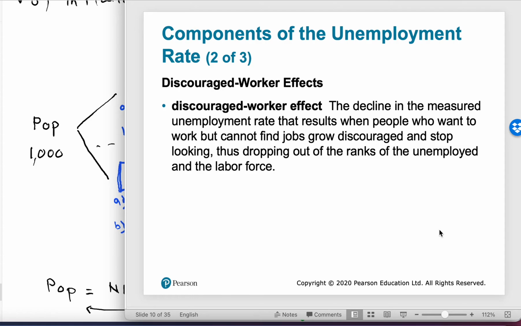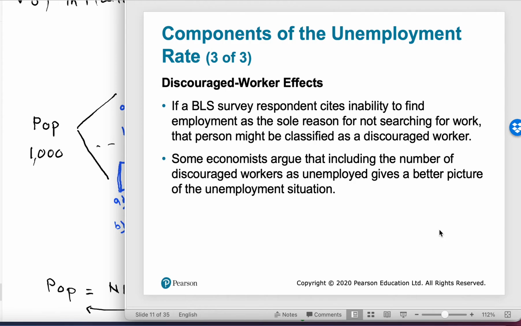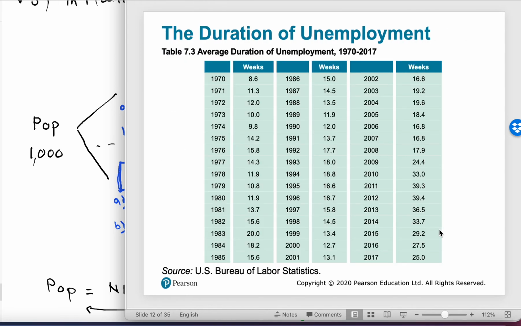We said the more labor force participation, the better. If you calculate the labor force participation rate, the moment you see that it drops, there is a chance of having a high discouraged worker effect. In the statistics, these are the duration, and another way of knowing that discouraged workers exist. In some years, you see that for 20 weeks they were searching for a job, or for 33, 36, or 40 weeks they were still insisting and seeking a job.